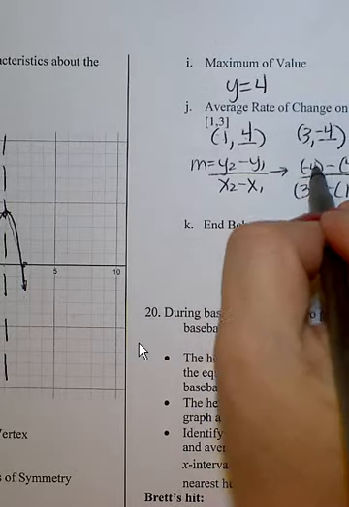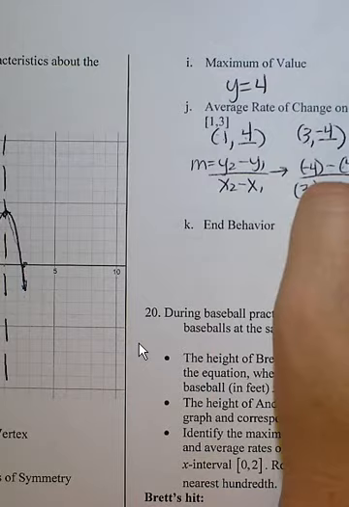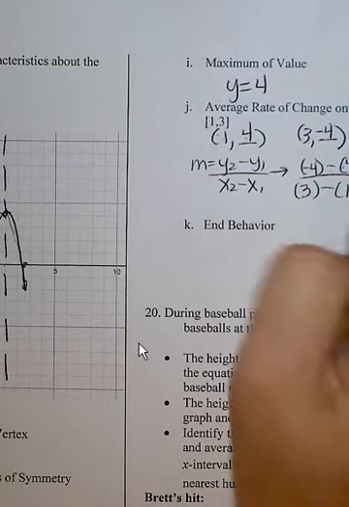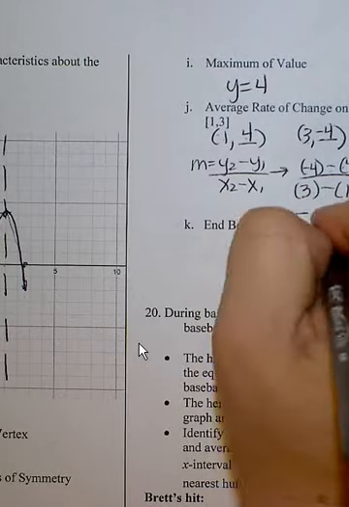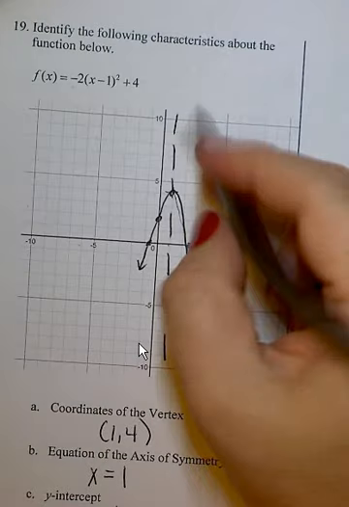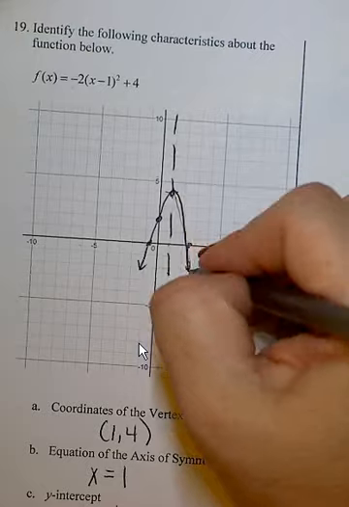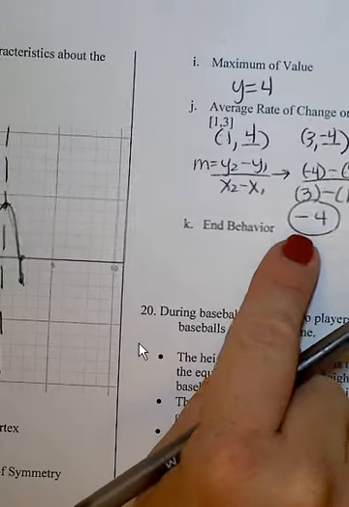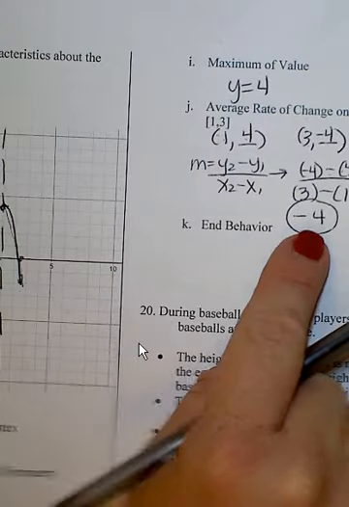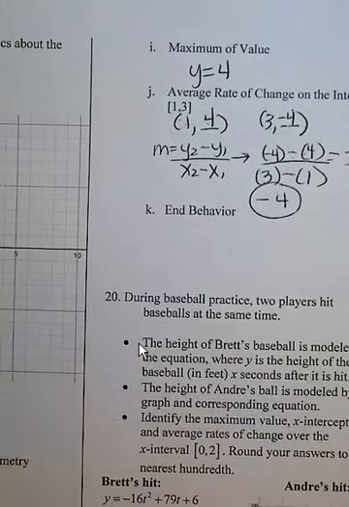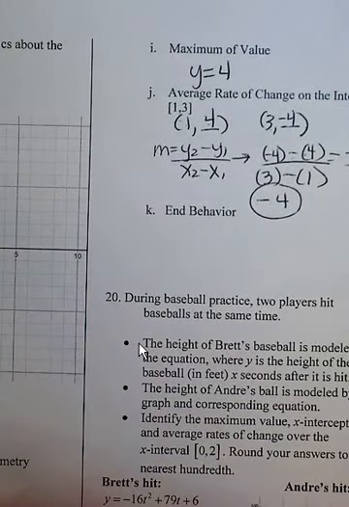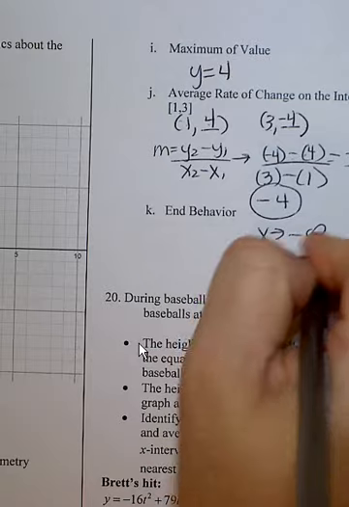Negative 4 minus 4 gives you negative 8 over 2, which reduces to negative 4. So on average, from 1 to 3, it decreases 4 units, negative 4 per unit.